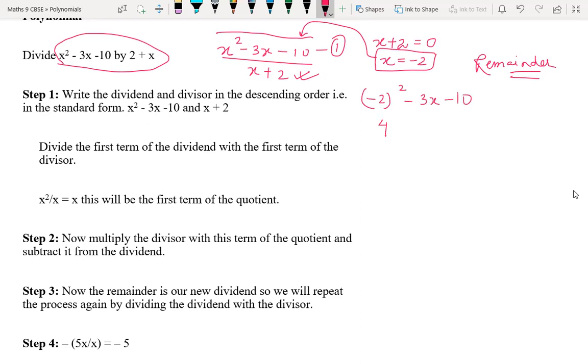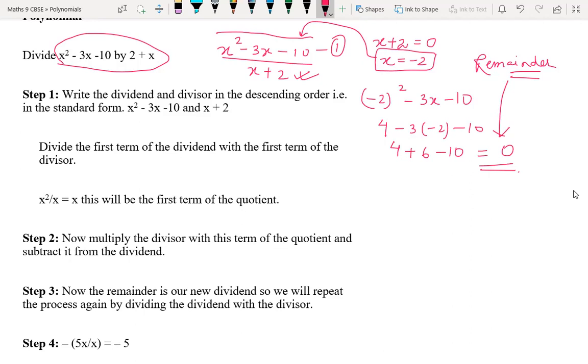So 4 minus 3 into minus 2 and minus 10. So 4 plus 6 minus 10. So here if you solve, you will get the remainder as what? 0, right, children? See here, remainder is 0.